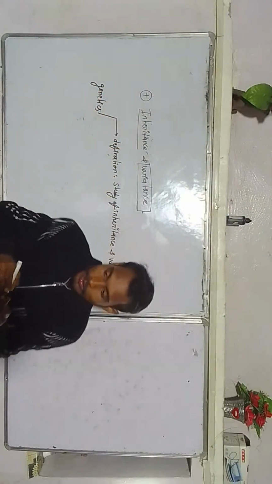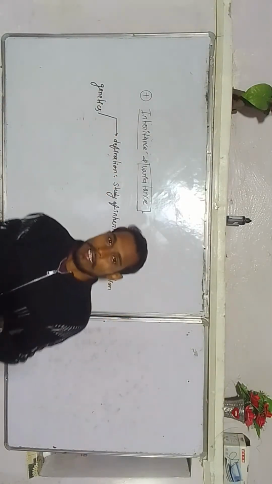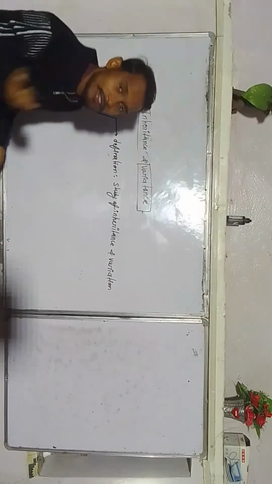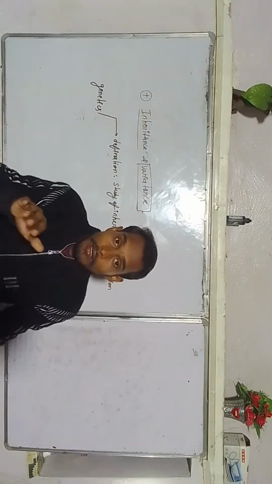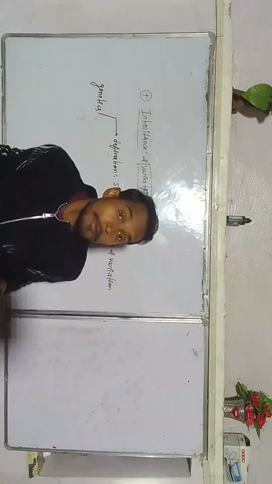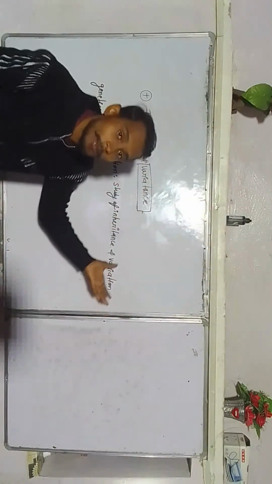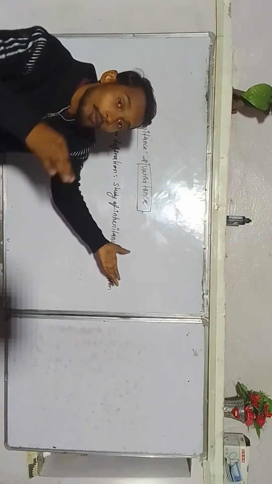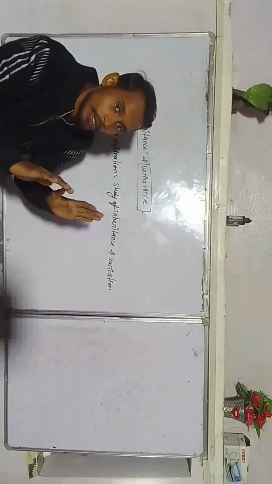You can go back and watch what inheritance is; we explained it. Your question is what is inheritance? Offspring differ from parents, which is variation. Inheritance is just a process.